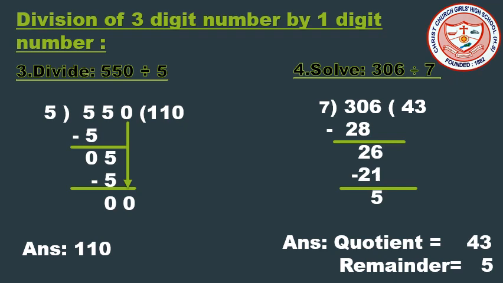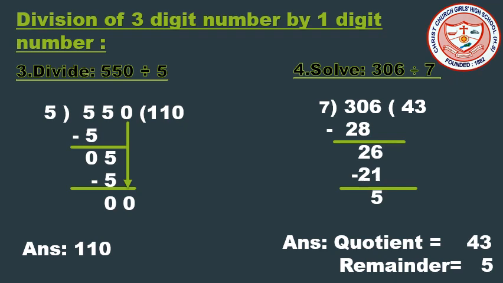Now let us solve another sum. That is 306 divided by 7. Now we are going to do the same thing, but here you can notice that 3 is lesser than 7. So now we are going to take 3 and 0 together. So it will be 30 tens. So first 30 tens divided by 7.